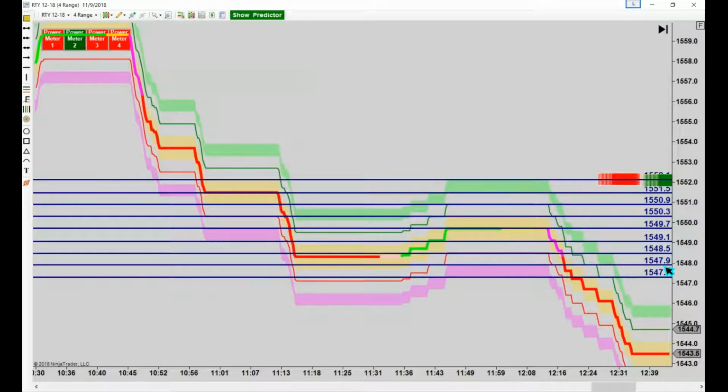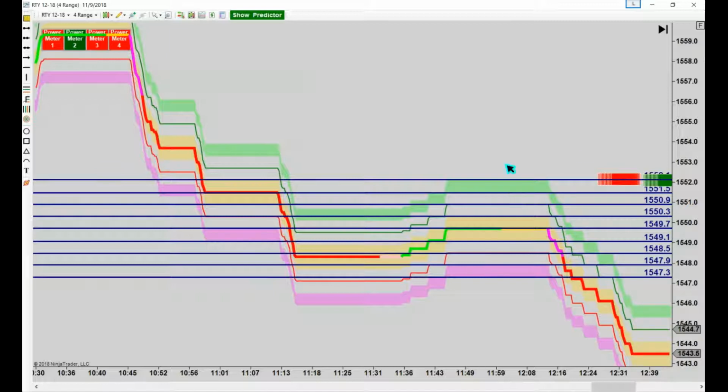Exactly 6 ticks later, you're going to see line 1. Exactly 6 ticks after that, line 2, then line 3, line 4, line 5, line 6, line 7, and line 8, each 6 ticks apart.